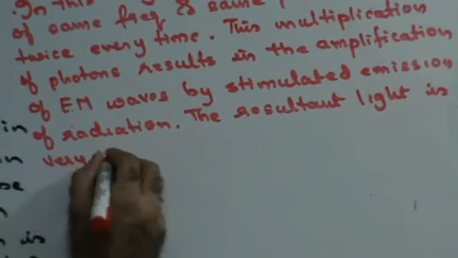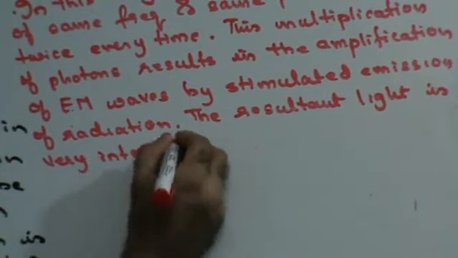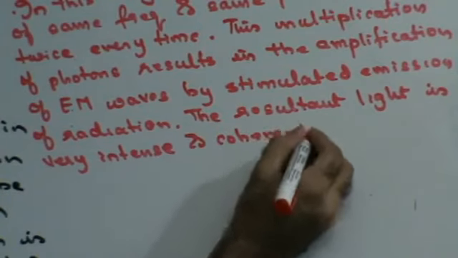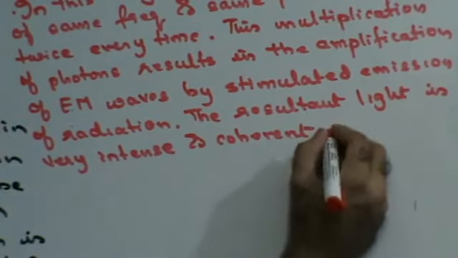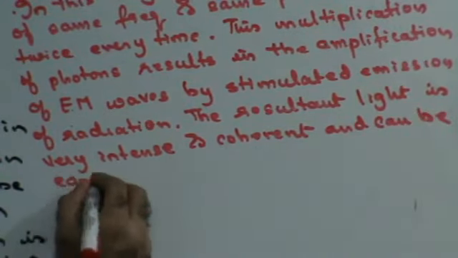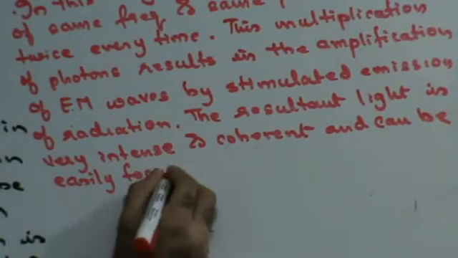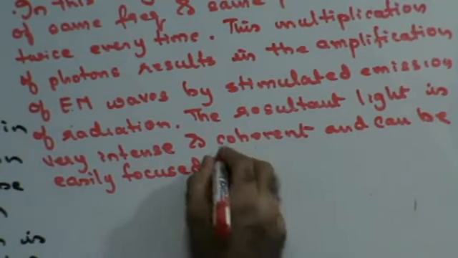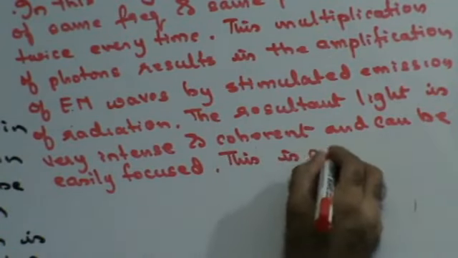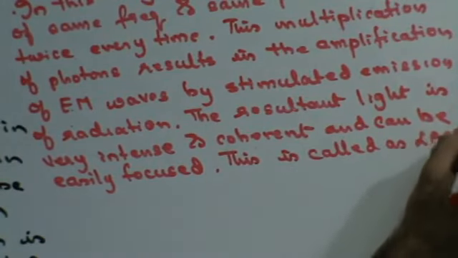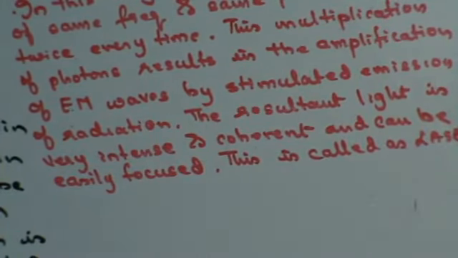The resultant light is very intense and coherent and can be easily focused. And this is called laser. That's how you produce laser.